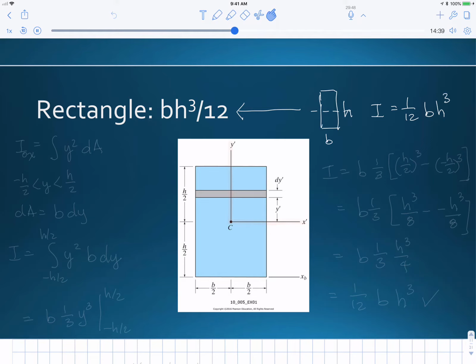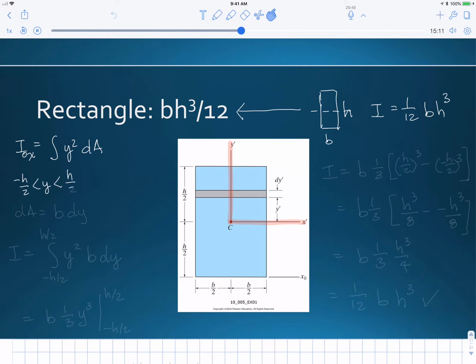So here we've picked our coordinate system at the centroid of the rectangle, which is right in the middle. And all we're going to do is I about x equals the integral of y squared dA, and that's I0x.